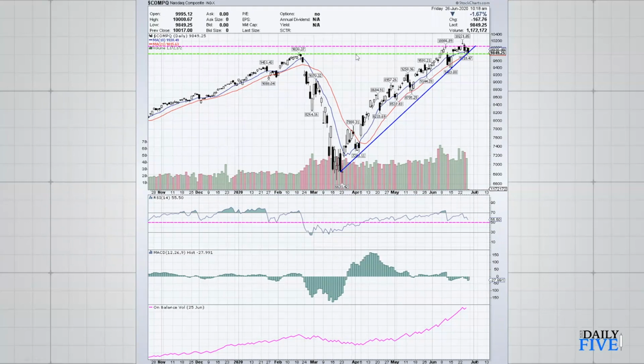If we move over to the left, you can see that prices, although they made a slight new high, had a gap to the downside. They came back up, made another slight new high, and back down. And we're sitting right on this trend line here.